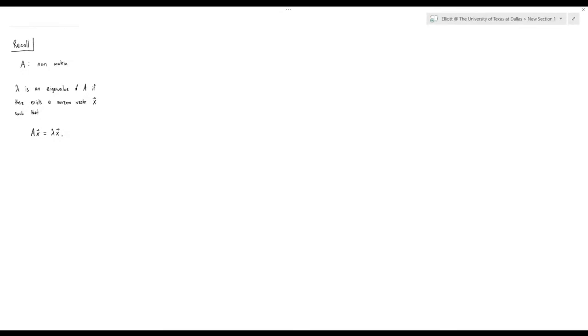So that's the definition of an eigenvalue. Here lambda is the eigenvalue. It's a scalar quantity, so it's not a vector, but a scalar, a number. And the vectors x satisfying this equation would be the corresponding eigenvectors.